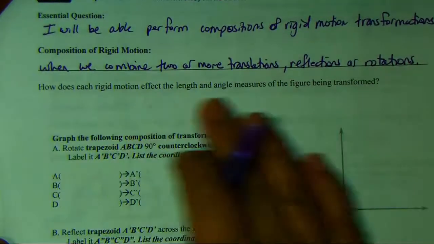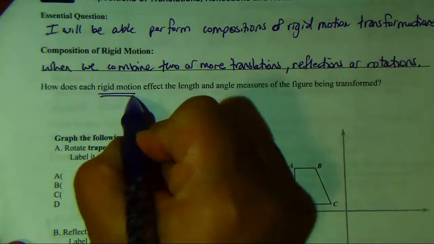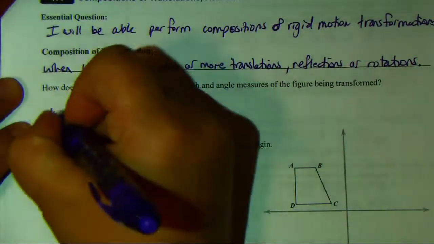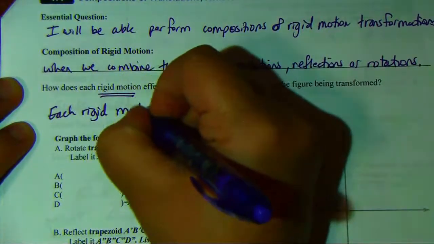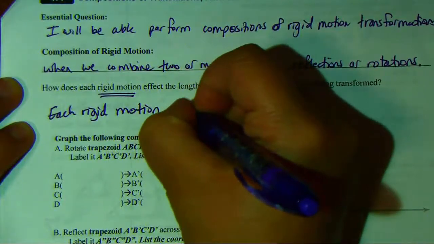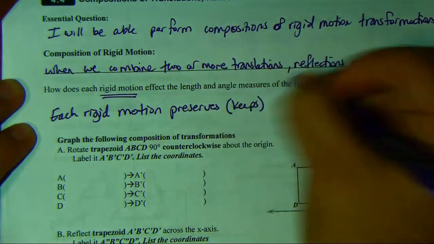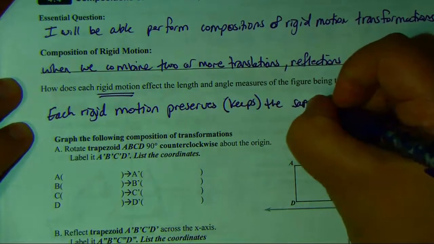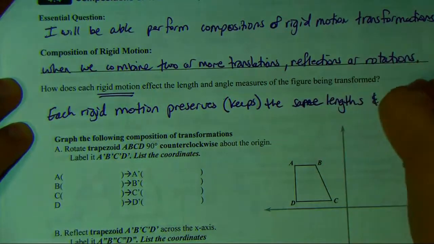How does each rigid motion affect the length and angle measures of the figure being transformed? Okay, so remember, rigid motion keeps everything the same. So each rigid motion preserves, aka keeps the same, lengths and angle measures.